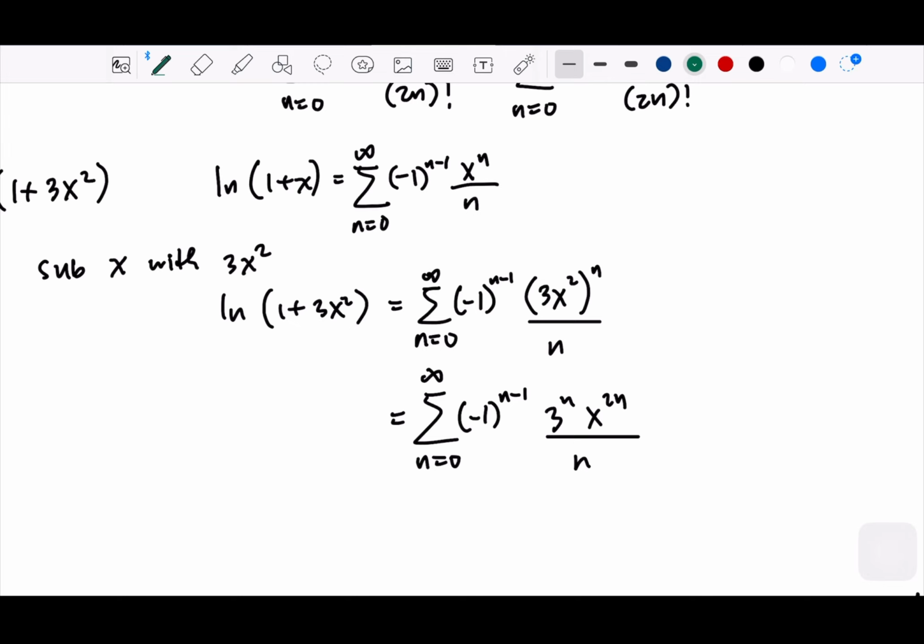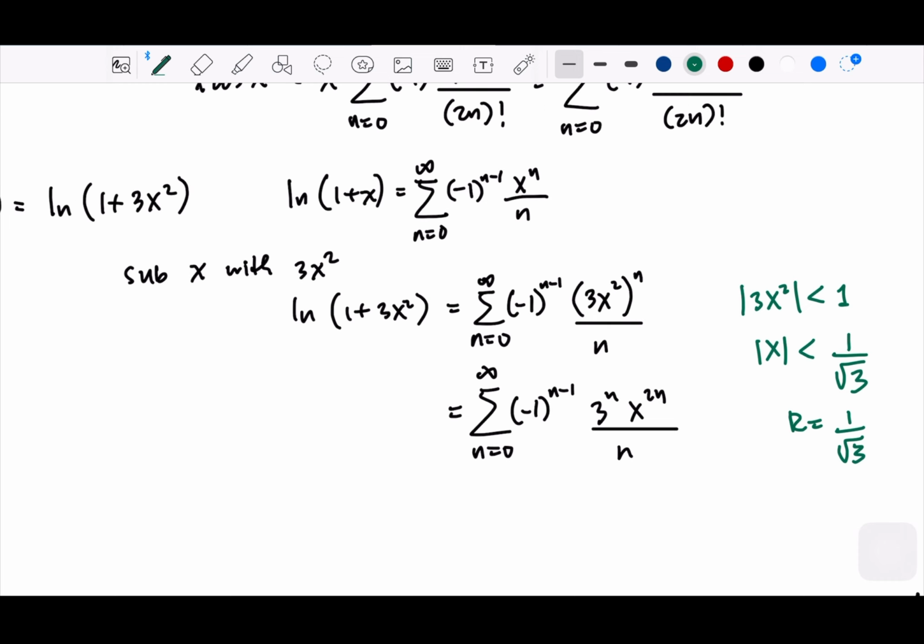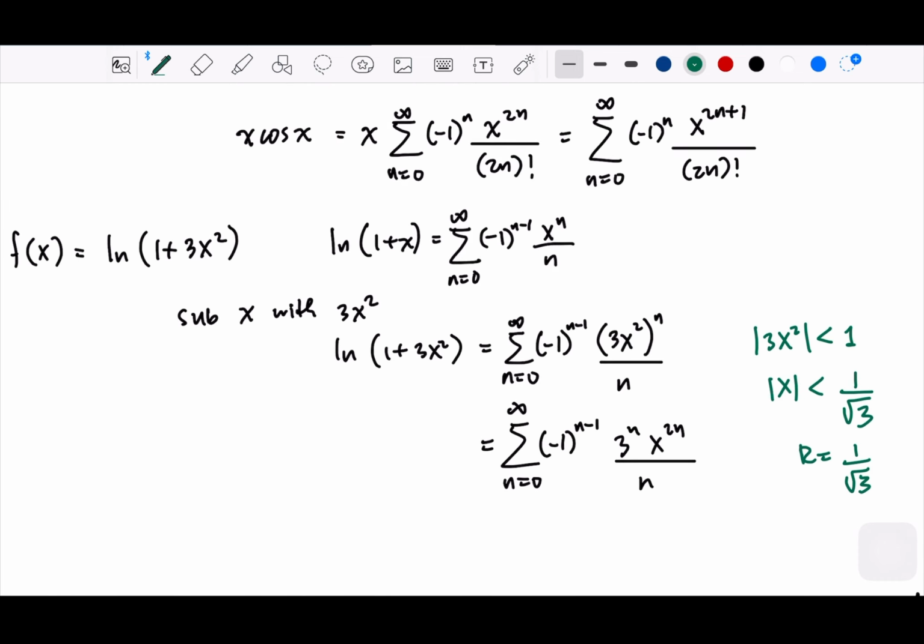Based on the conclusion, we can see this converges. So x needs to be, so this is the R. I think for the cosine, it is going to be for all x, right?